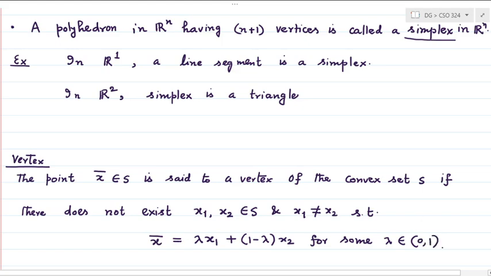Fine. So such a point X bar is called a vertex of the convex set S.